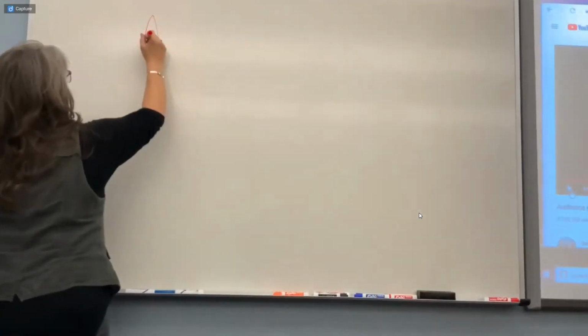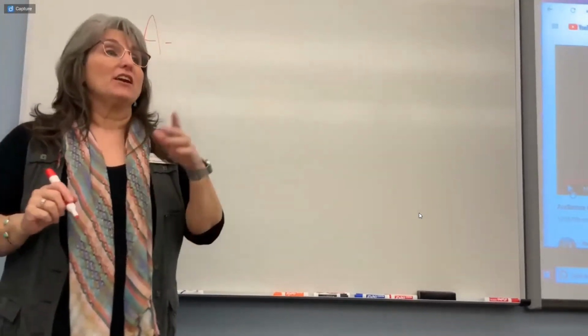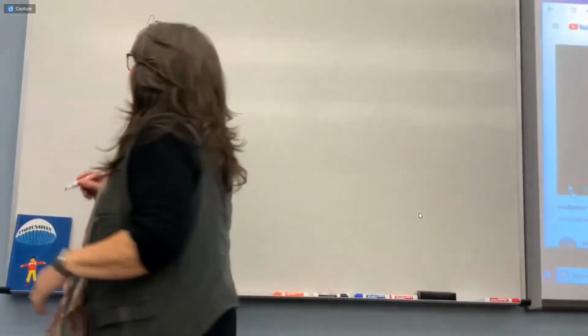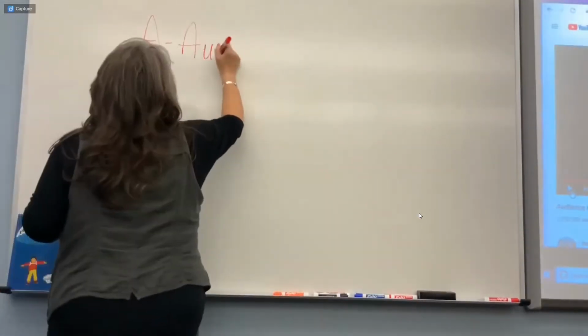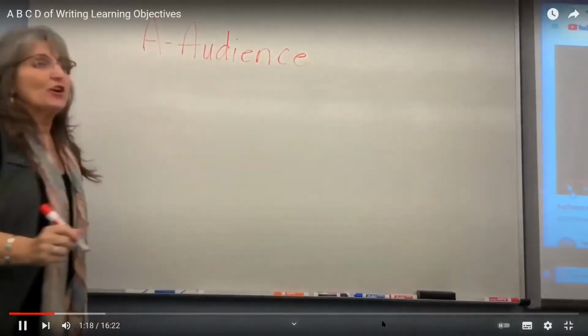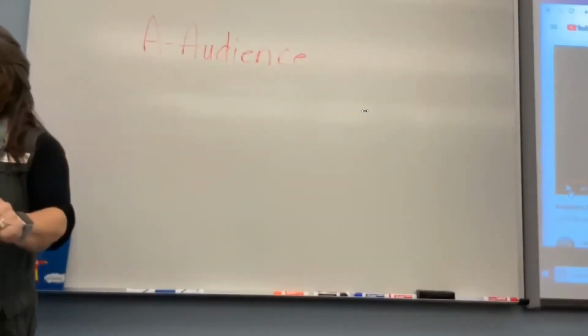So let's go ahead and start with the A. Now the A for writing a learning objective is what, Mary Ellen? Audience, exactly right. The A stands for audience. And the audience in a learning objective is the student.